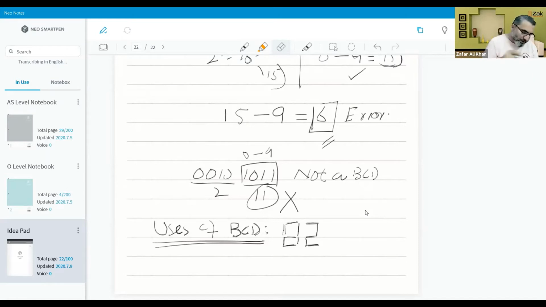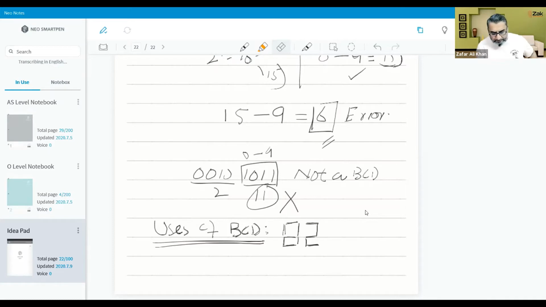So the most obvious use of BCD is in the representation of digits on a calculator or a clock display. Each denary digit will have a BCD equivalent value, which makes it easy to convert from computer output to denary display. That is very easy.